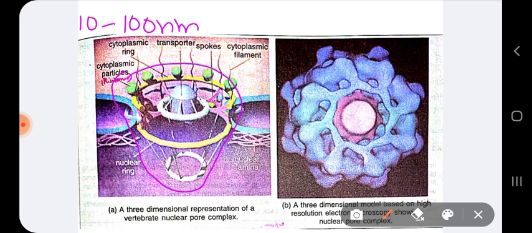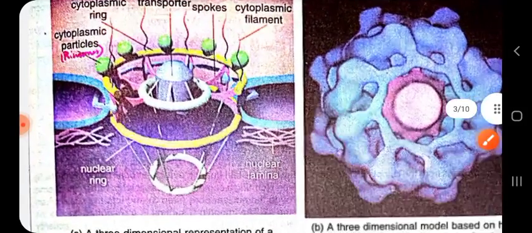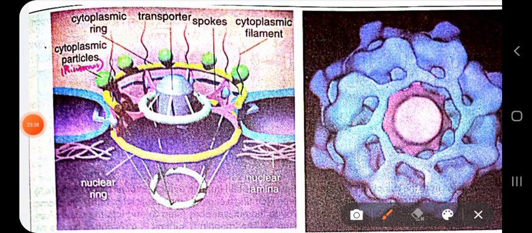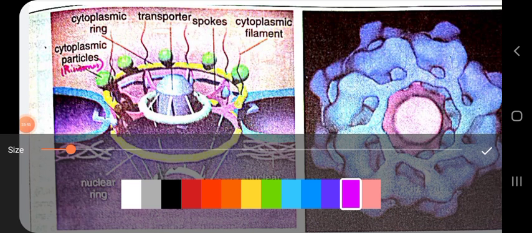Now this pore complex, as you can see in this three-dimensional diagram, is composed of two rings. If I zoom in, you can see one ring right here and another ring right here. I am showing them in different colors so that you can see it.